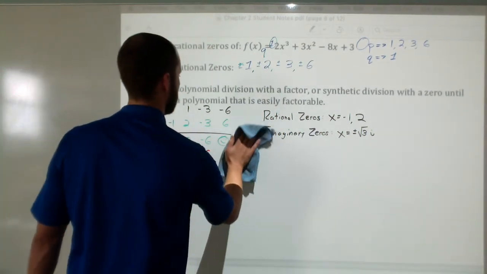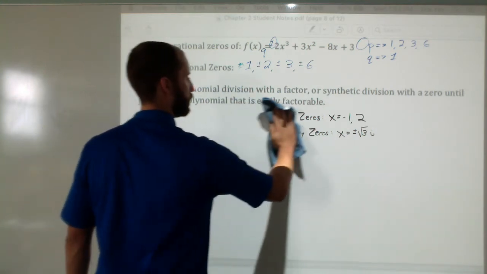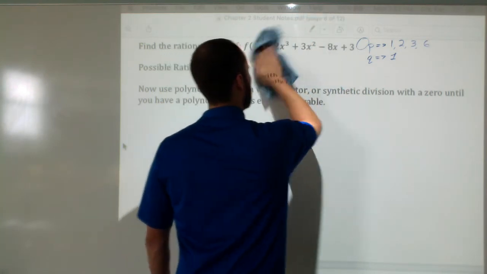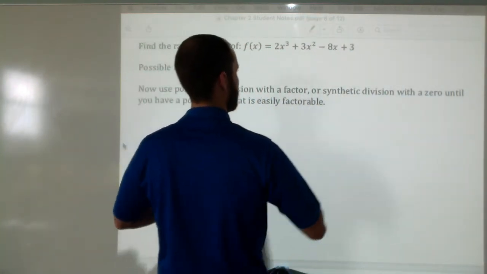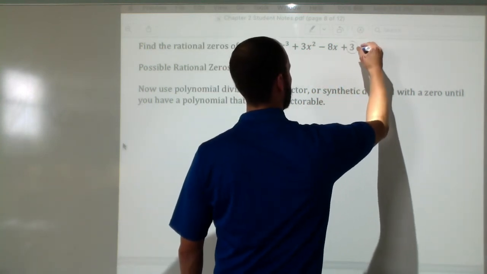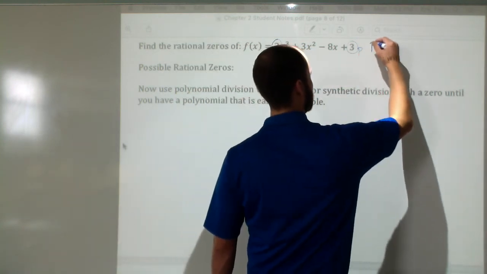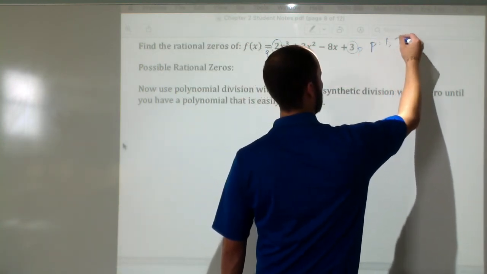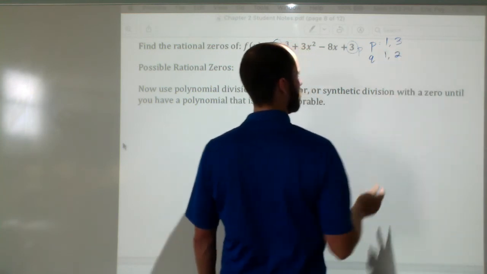Now, as your P and Q values get more complicated, this process may get a little messier. So we have P, which is the number 3, Q, which is the number 2. So factors of P are 1 and 3, factors of Q are 1 and 2.